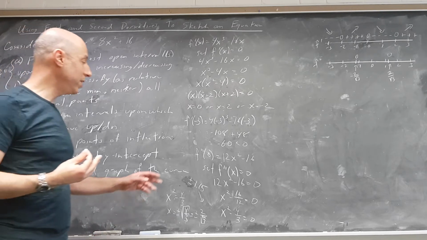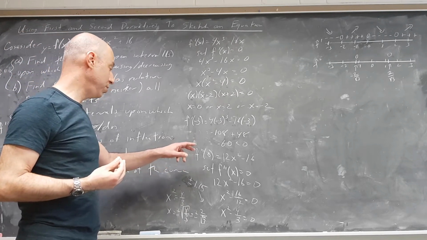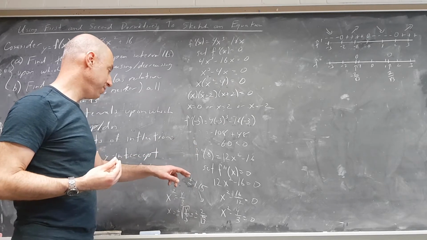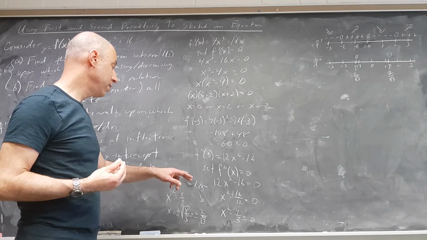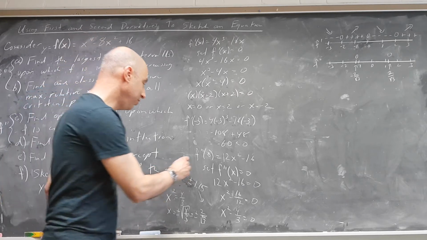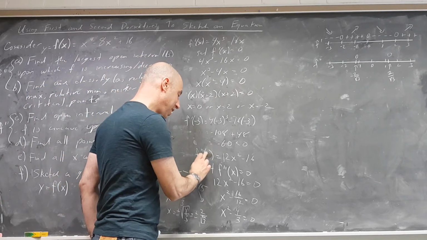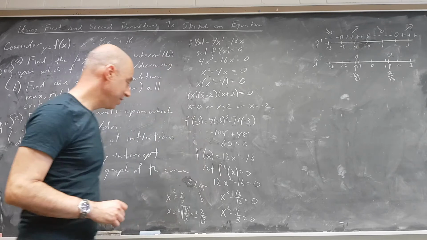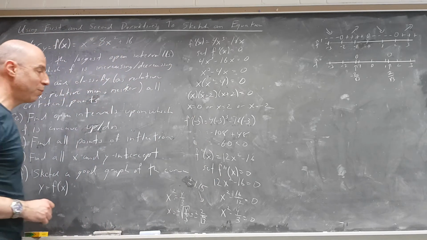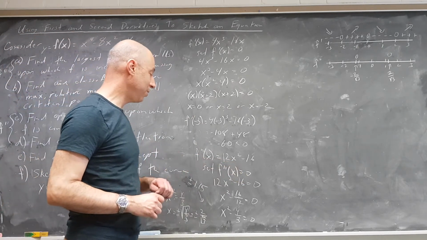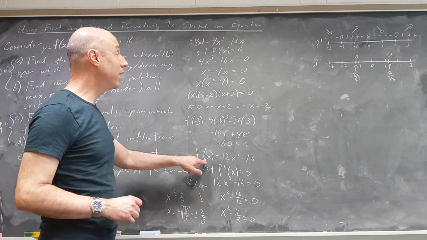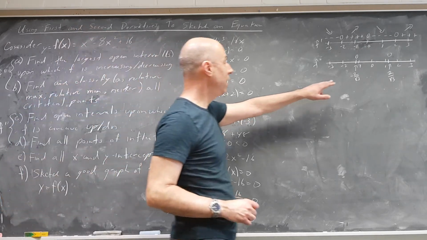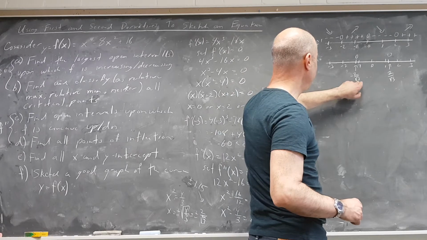We can pick a point in each part and plug it into the second derivative. Sorry, this shouldn't say f double prime of 0. This should say f double prime of x. Sorry about that. F double prime of x. Then we set that equal to 0. So let's plug a point to the left of negative 2 over root 3 in there.